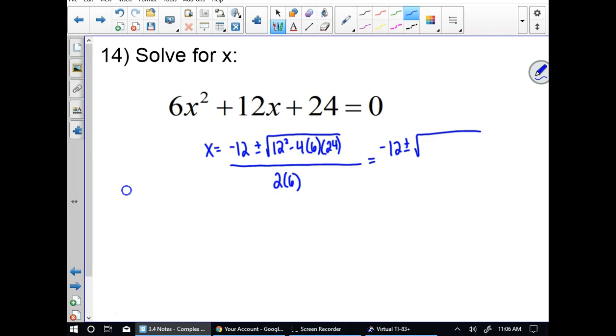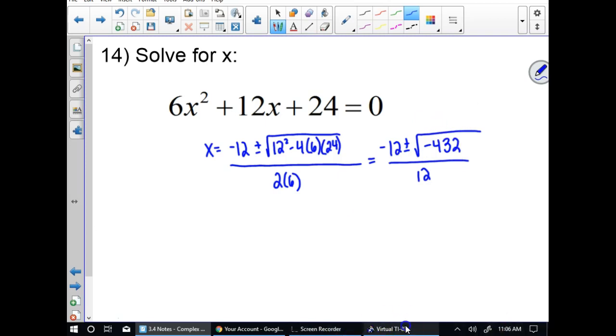Negative 432. Somebody else check that for me. 432. Okay, all over 12. Okay, so right here, whenever you see numbers this big and even numbers underneath the square root, it's probably going to reduce.